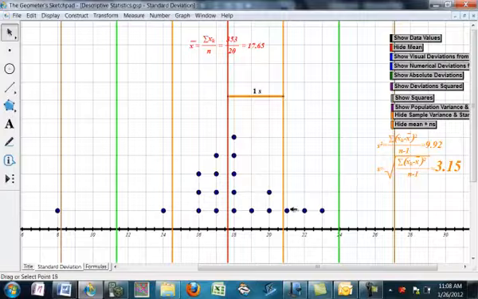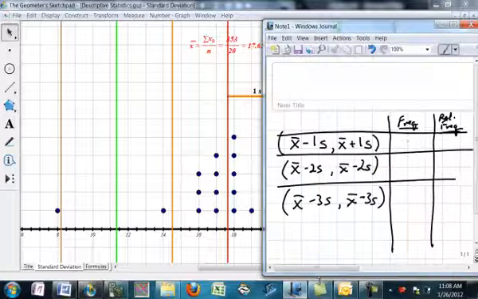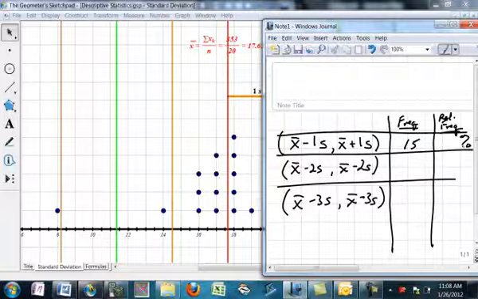And that's out of 16, 17, 18, 19, 20. So there are 20 points in our data set, and 15 of them are in that interval. If we multiply this by 5, that's 75% of the data within 1 standard deviation.